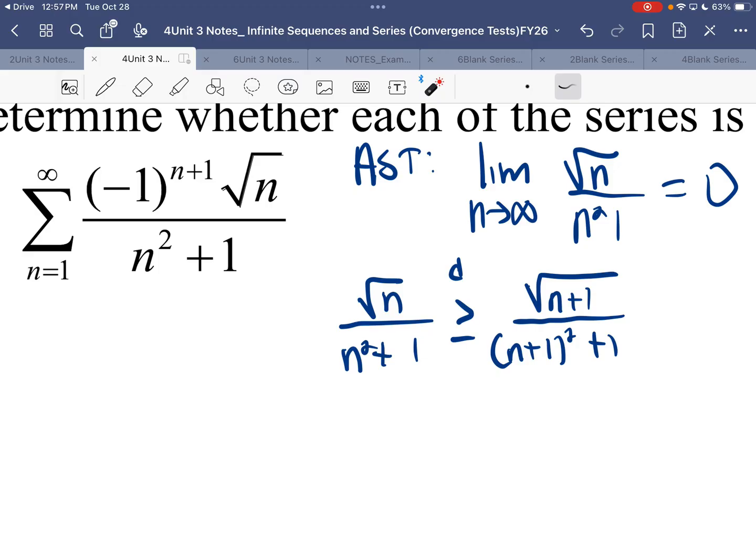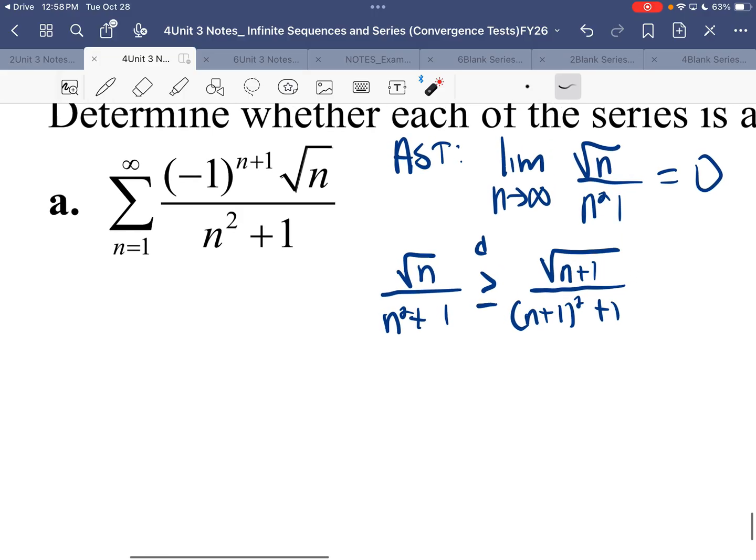But as long as n plus 1 is less than n for the majority of it, then it's decreasing. So the equal to is there as a safeguard, so that you don't think, oh shoot, this one situation where they're equal breaks the fact that it's decreasing. It doesn't. So that's why the equal to is there. If you don't put an equal to, you're not going to lose credit.